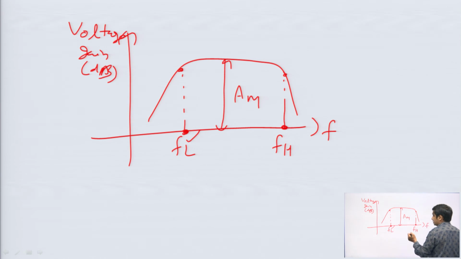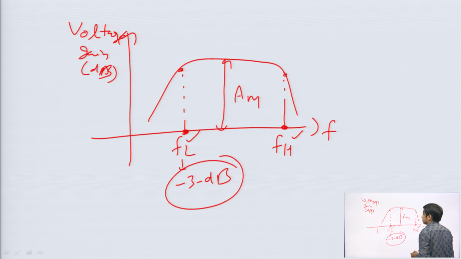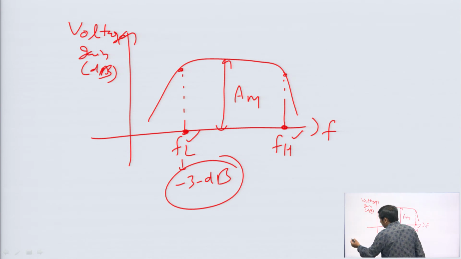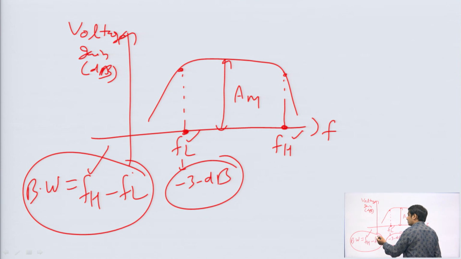FL is called the lower 3 dB frequency, FH is called the upper 3 dB frequency, and these are also called minus 3 dB frequencies. From here we calculate the bandwidth of the common source amplifier, that is FH minus FL, upper corner frequency minus lower corner frequency, which is the bandwidth of the amplifier.